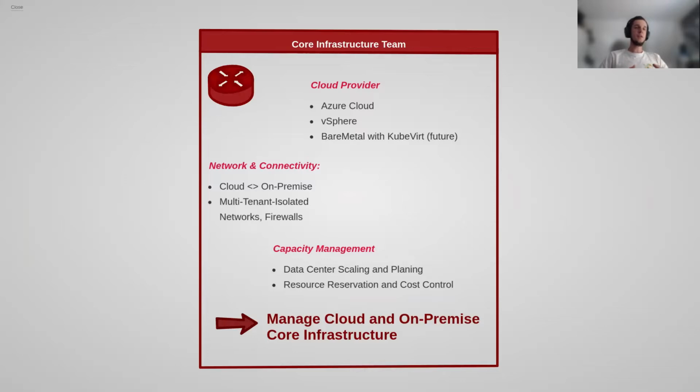This team also takes care of the firewall settings and the cloud and on-prem connection, and they are involved in resource reservation and cost control. However, to manage those capacities, they also need information from us, from the system, and from the other teams.